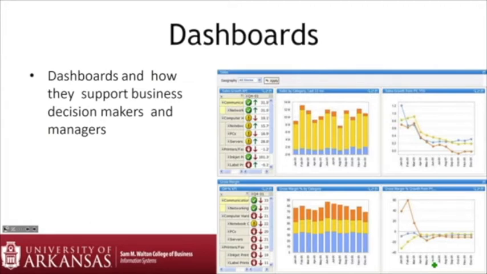What if this was being updated every minute with transactions from around the country? This was changing. These are my key metrics that I'm watching. Did you like it a little better?